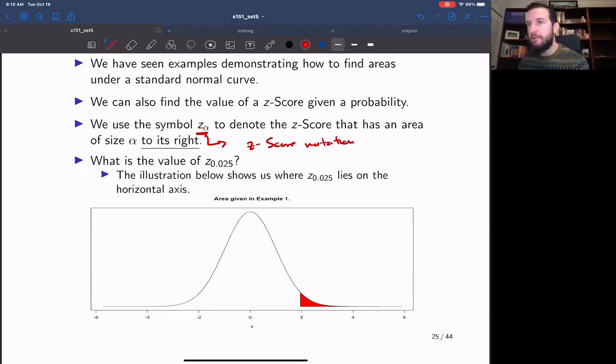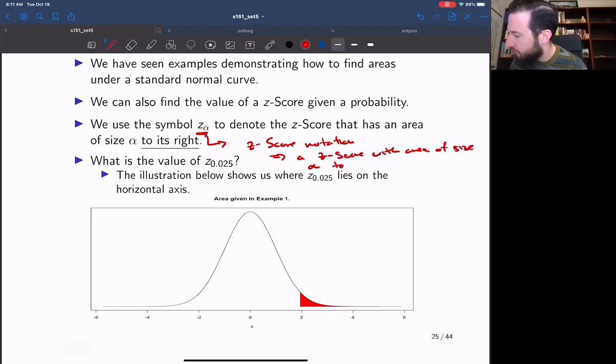What this is telling us is that we have a z-score, and to the right of that z-score is alpha sized area. Okay, so this is a z-score with area of size alpha to its right.